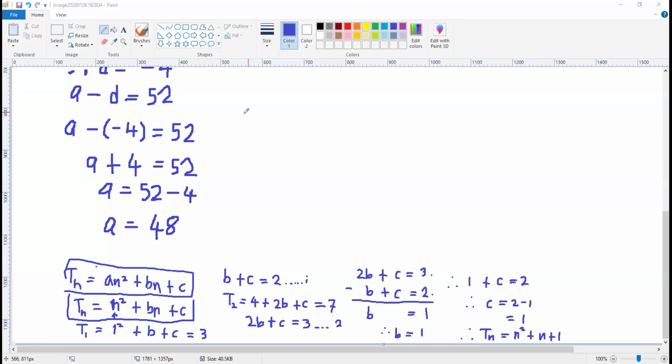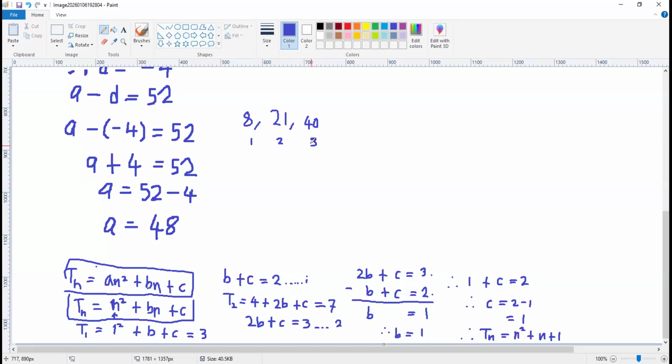Yes. Okay, so let's do some thinking here. 8, 21, and 40. So 8 is the first term, 21 is the second term, 40 is the third term.